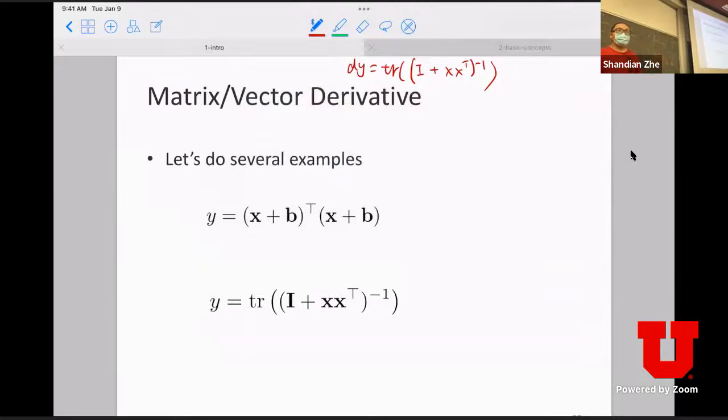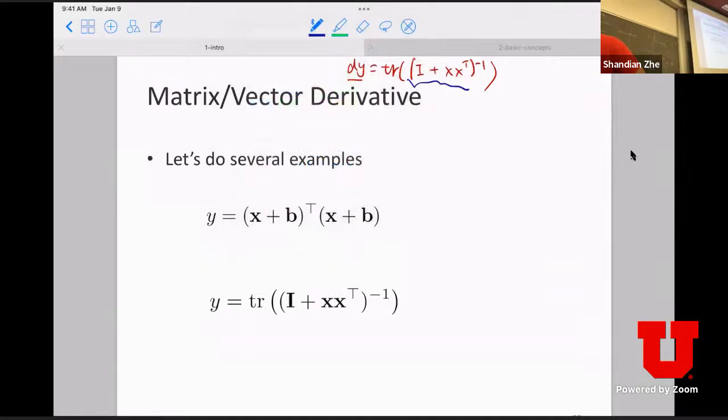So basically, trace is only valid for square matrices. Again, we want to apply the chain rule here. So in general, you can view this guy as a whole.